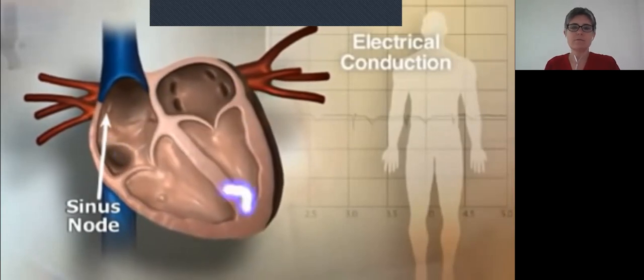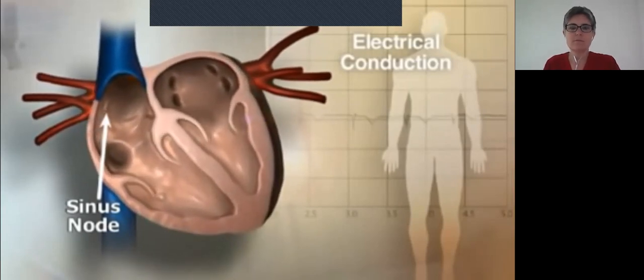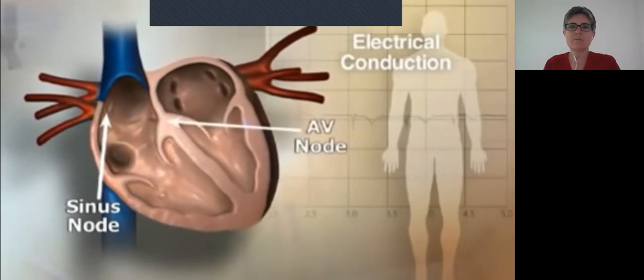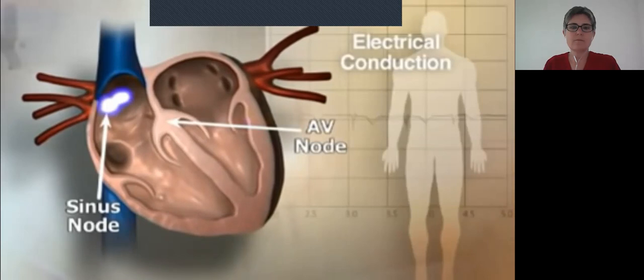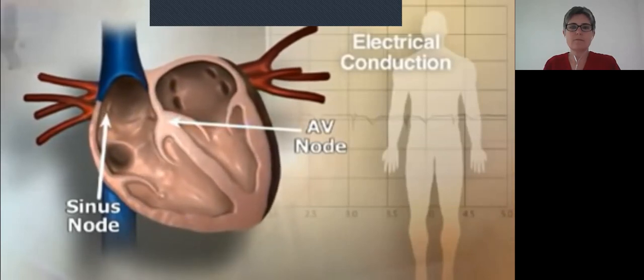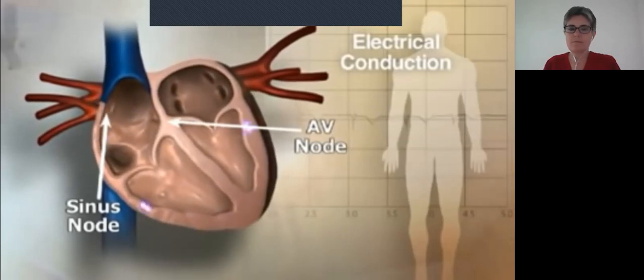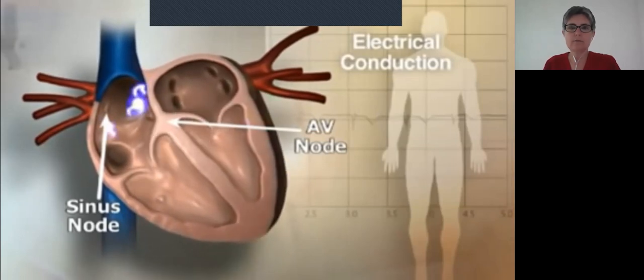Electricity can only reach the lower chambers through a special conducting system called the AV node that delays the electrical impulse briefly to permit enough time for blood to flow efficiently from the atria to the ventricles before the lower chambers contract. Obviously, this is all a delicate and precisely timed process, and it happens 50, 60, or more than 90 times a minute, depending on your activity level.